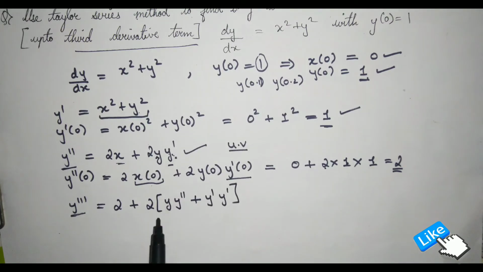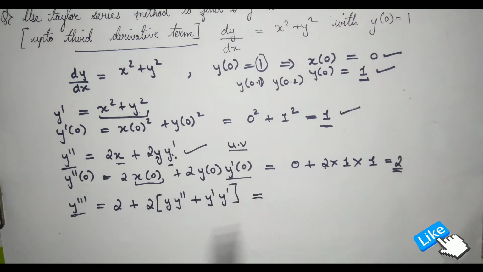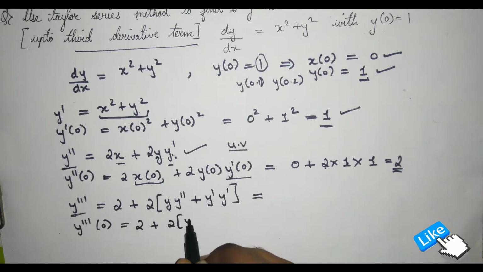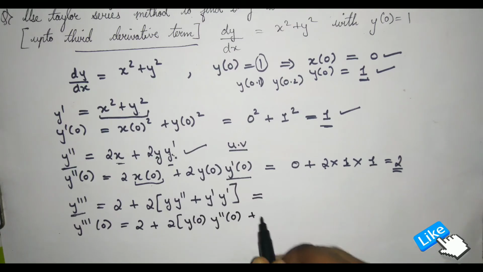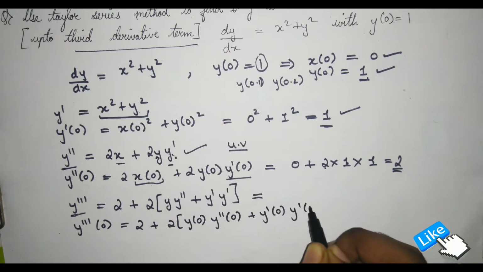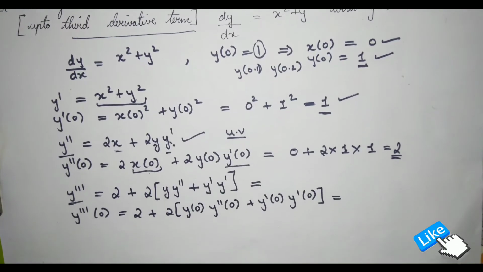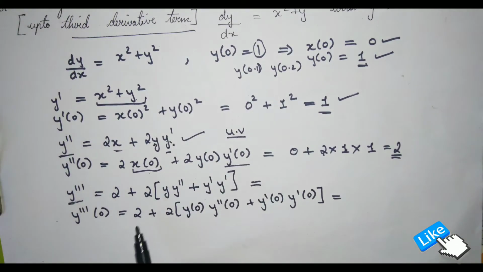So we got this value again. Now we put 0. 2 is a constant, it remains as it is. 2 into y of 0 into y dash of 0 plus y dash of 0 into y dash of 0 again. So we have to simplify.